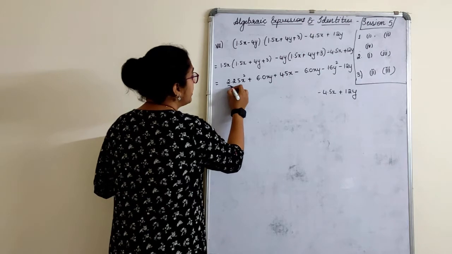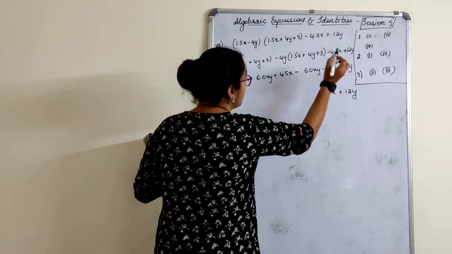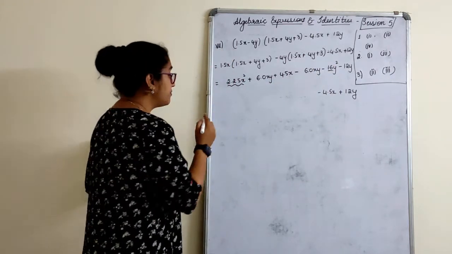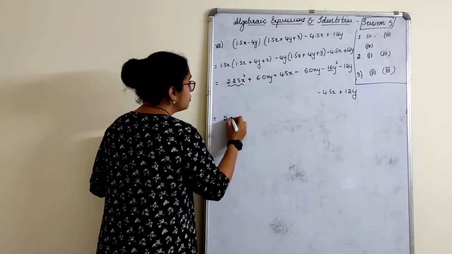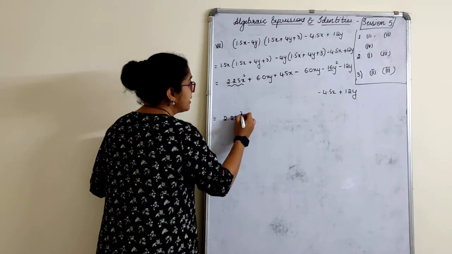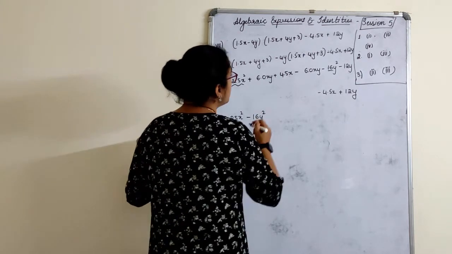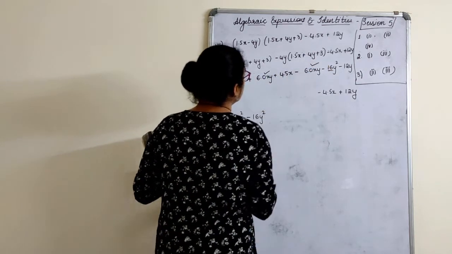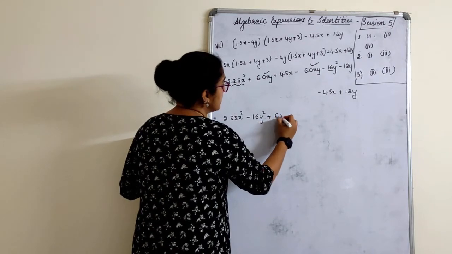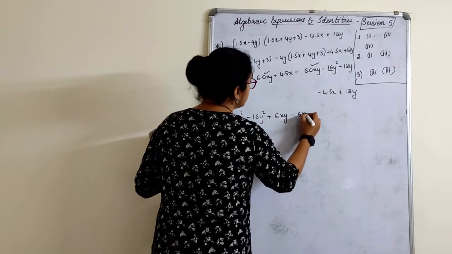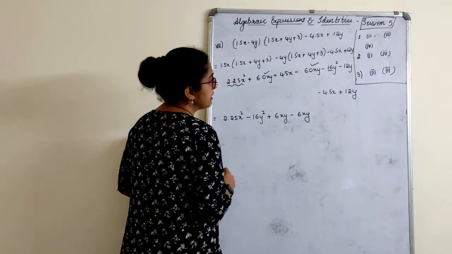Very clear? We have only one x square term and we have one y square term. We'll write that in the beginning. 2.25 x square minus 16y square. Then what do we have? We have 6xy minus 6xy. 0.0 is nothing.